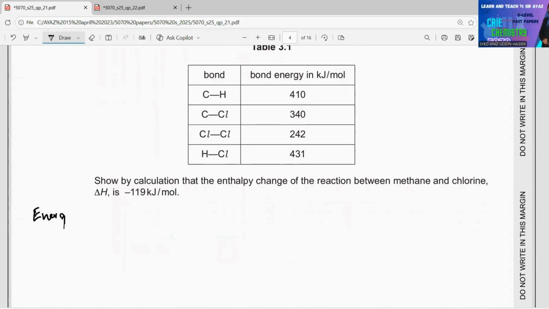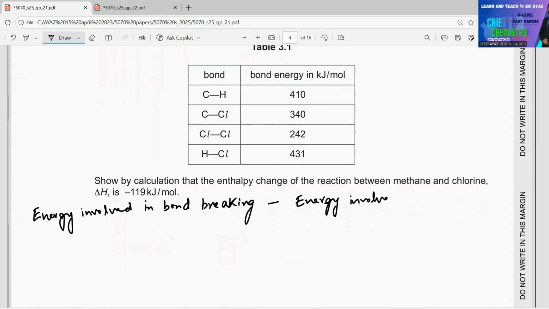Energy involved in bond breaking minus energy involved in bond making.